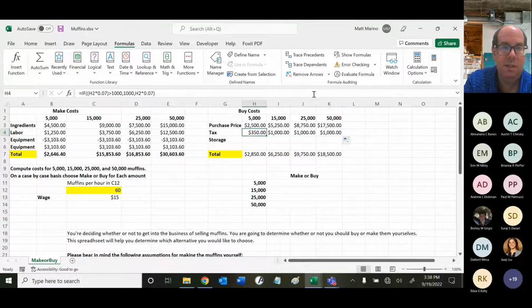So that's why we did if our number of muffins times 7 cents is greater than $1,000, it's simply $1,000. Otherwise, it's whatever the number of muffins times 7 cents is. So in this case, it's $350. In every other case, we just have our flat $1,000 tax. Make sense?